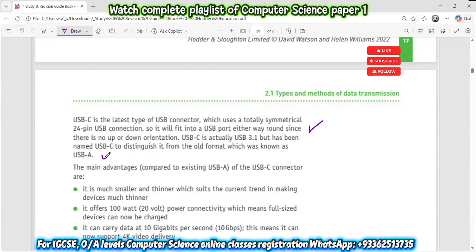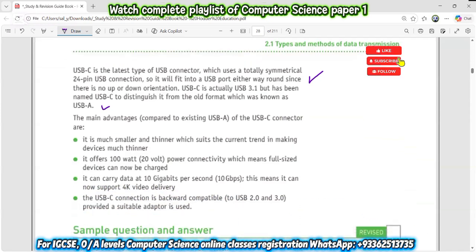So just be clear, if they give you a question that asks you to compare USB-A and USB-C, or write 2 differences between USB-A and USB-C, this is what you can mention as a part of your answer. It is much smaller and thinner, which suits the current trend in making devices thinner. It offers 100 watts of power, compared to the earlier one that we talked about, plus 5 volts, and here it is nearly giving you 20 volts.